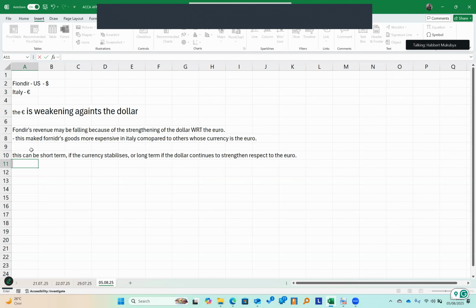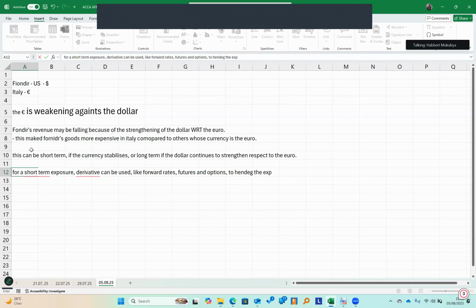So now, when it comes to this, you have to say whether, for a short term exposure, derivatives can be used, like forward rates, futures, and options, to hedge the exposure.